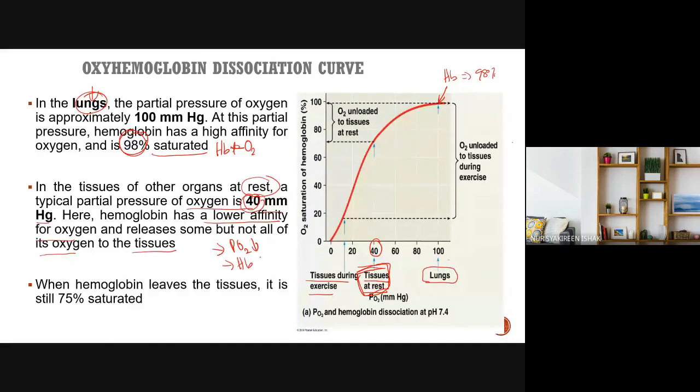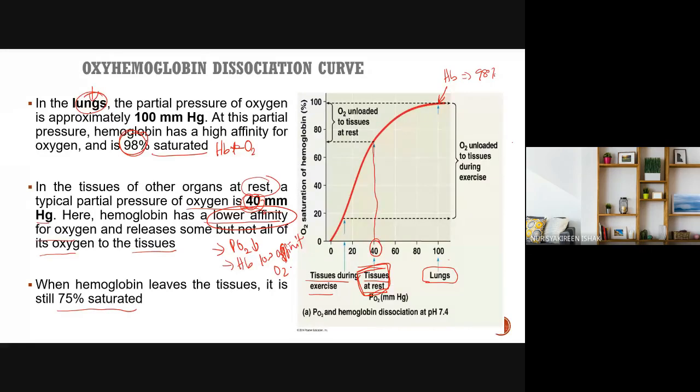So at this condition, hemoglobin will have low affinity towards oxygen. Nampak ni? So bila hemoglobin has a lower affinity for oxygen, apa jadi? Oxygen will be released to your body tissue to be used for cellular respiration. But when hemoglobin leaves the tissue, it is still 75% saturated. Nampak?